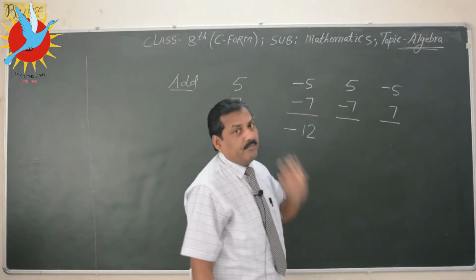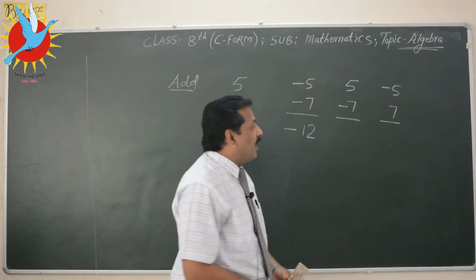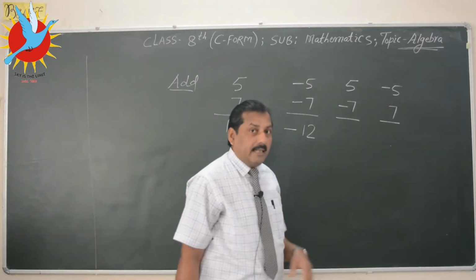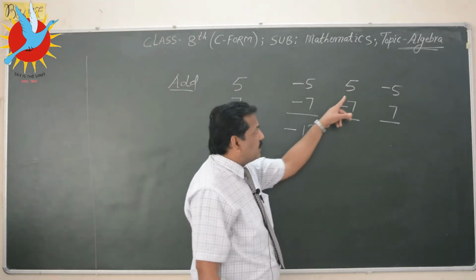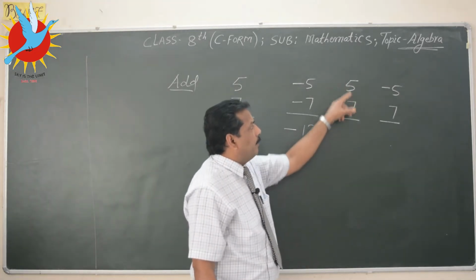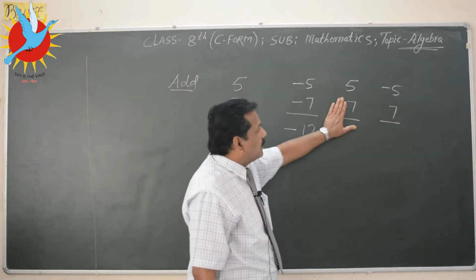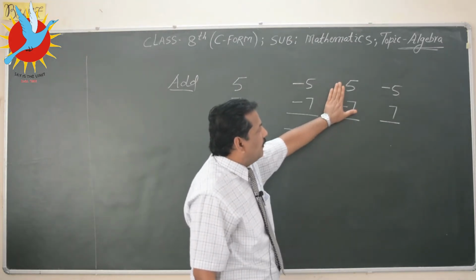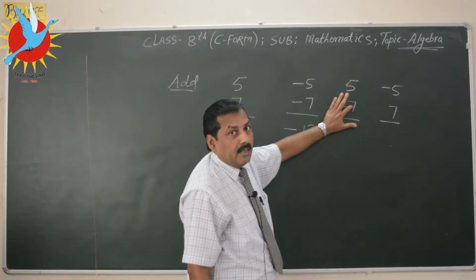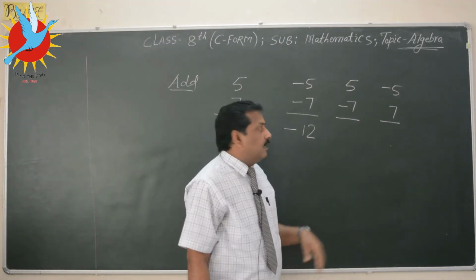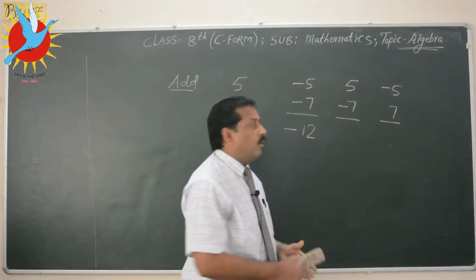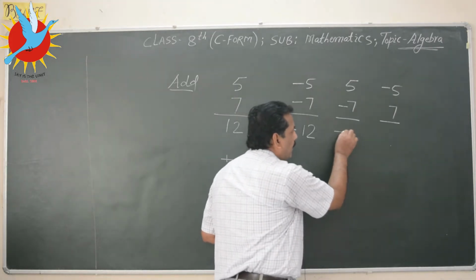So both are different. In this case, we give the sign of the greater number. So just compare 5 and 7. Which one is greater? Without sign you compare. This is 7 and this is 5. So 7 is greater. And what is the sign of 7? The sign of 7 is minus. So we have to give the minus sign.